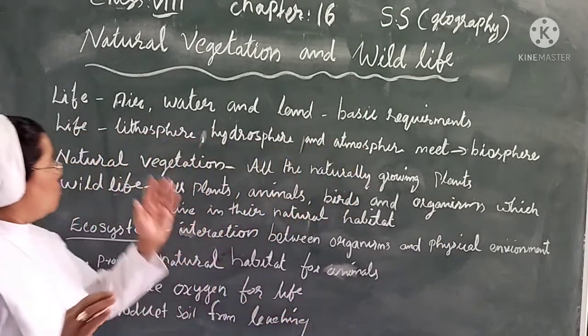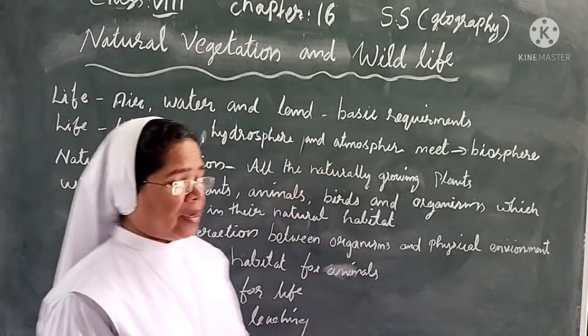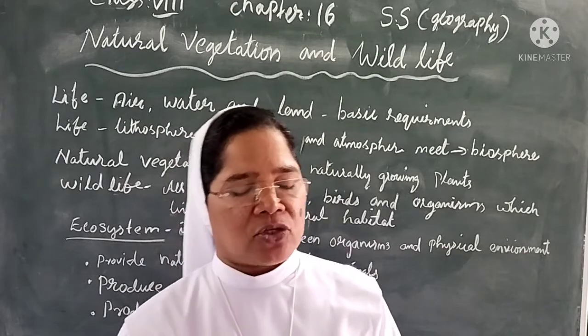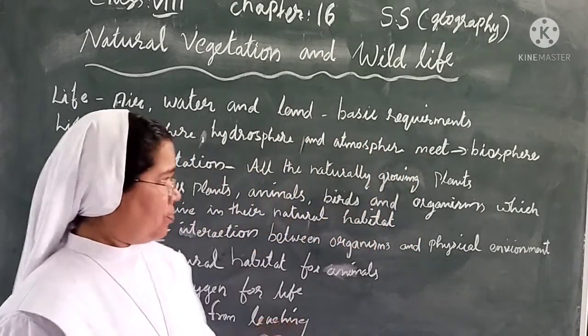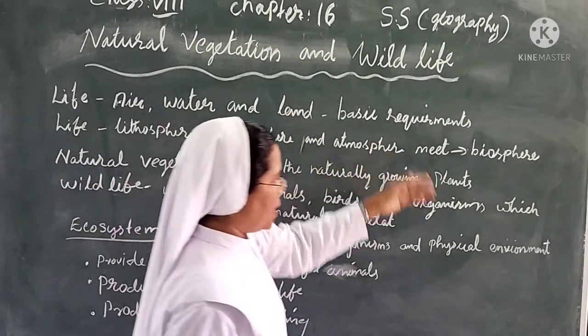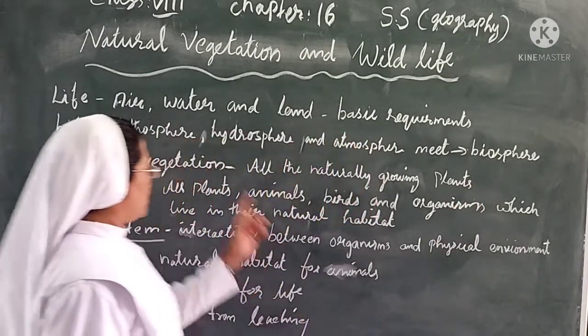What is life? Air, water, and land are the main requirements for the sustenance of life. So, life is found in the narrow zone of the lithosphere, hydrosphere, and atmosphere. Together we call it the biosphere.